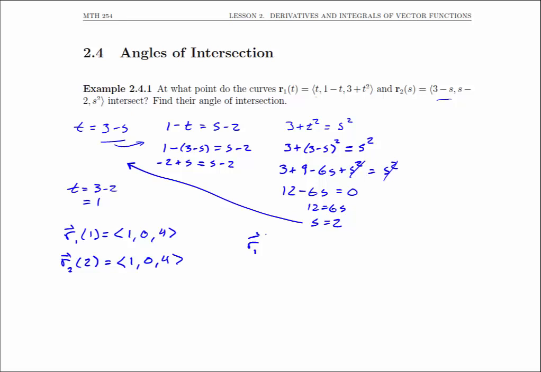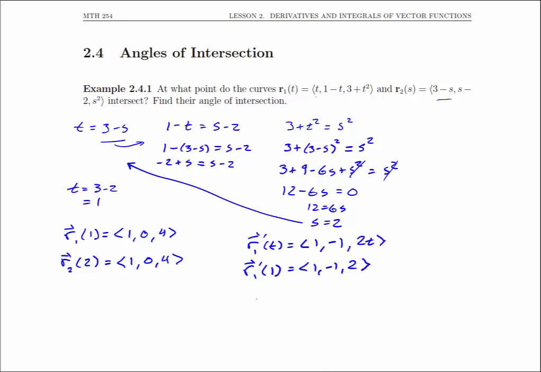So the derivative of R1 is 1, -1, 2t, and the derivative of the first space curve when t is 1 is 1, -1, 2.